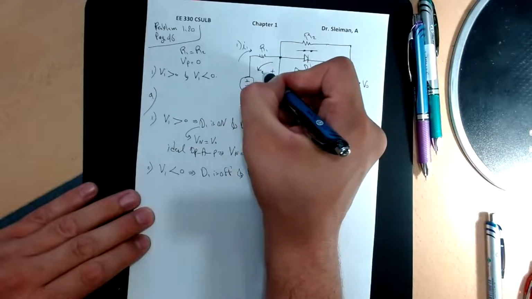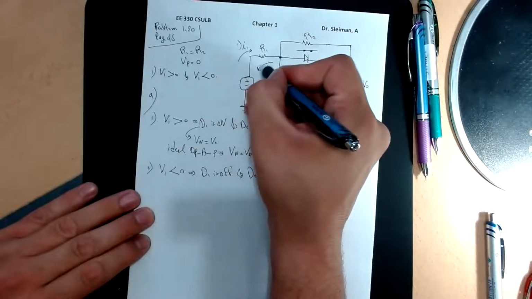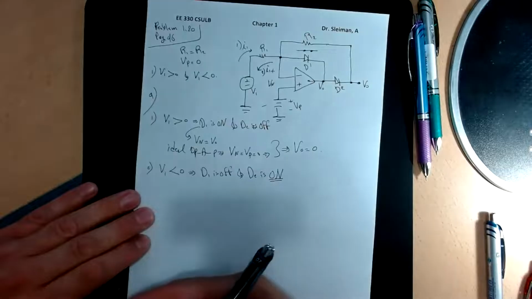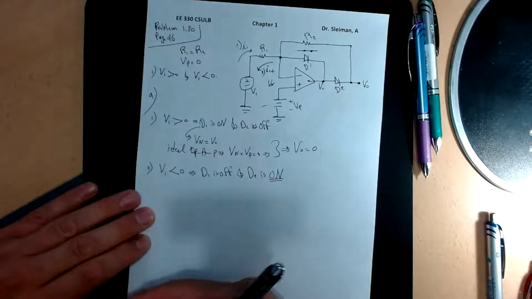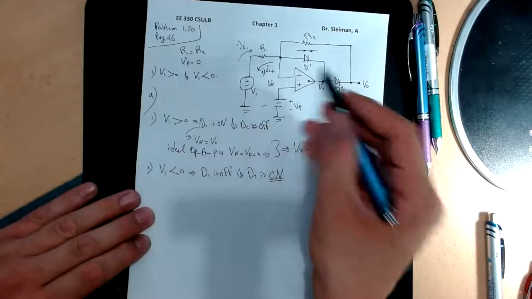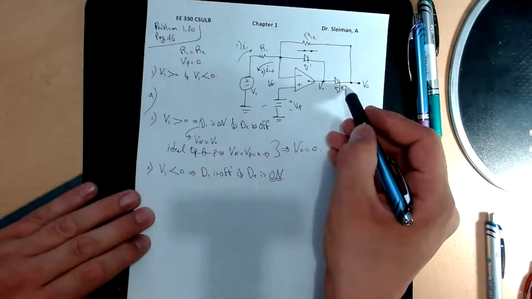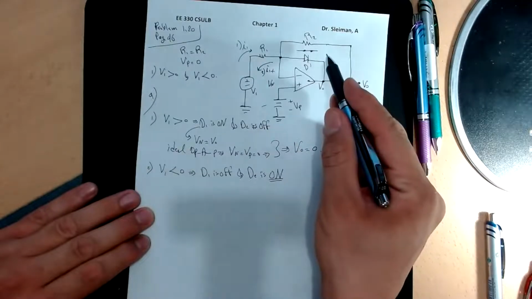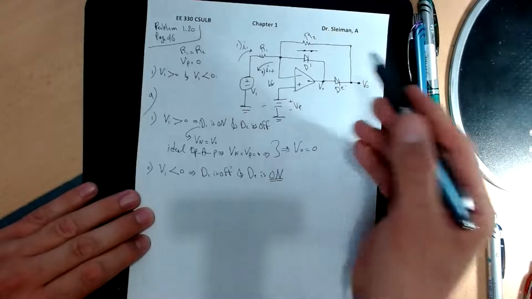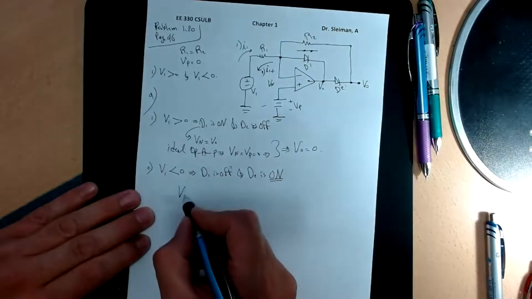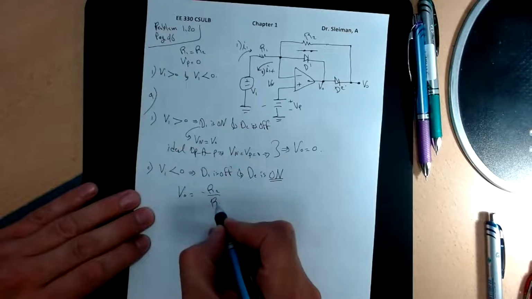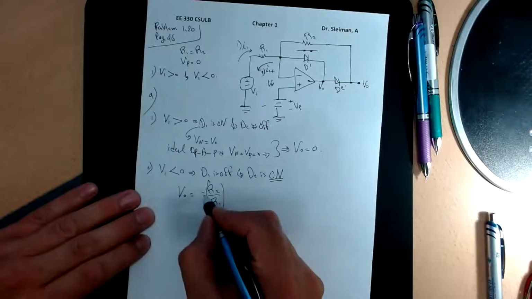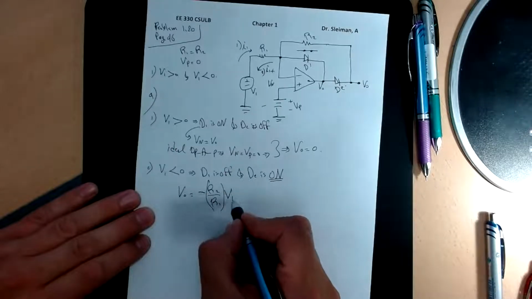For the second case, I1 is flowing in the opposite direction. So D1 is off, D2 is on. We can solve for V0 is equal to negative R2 divided by R1 V1.